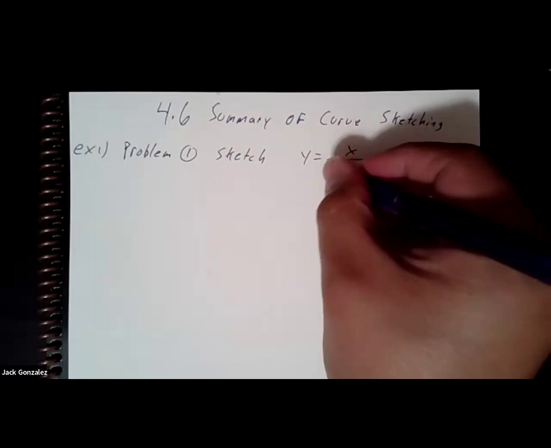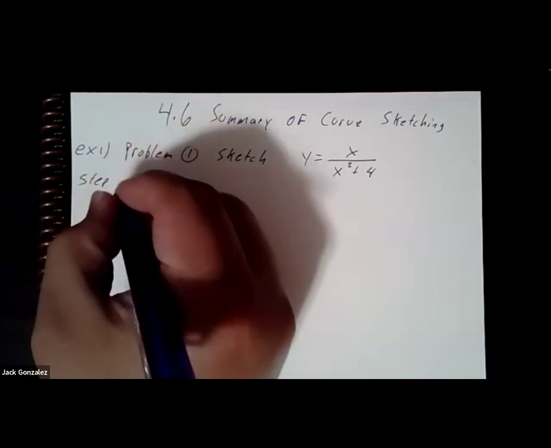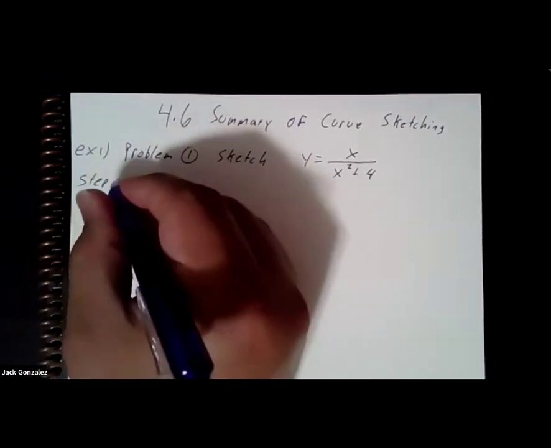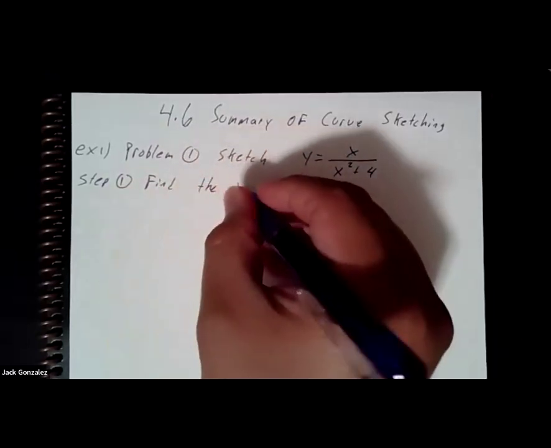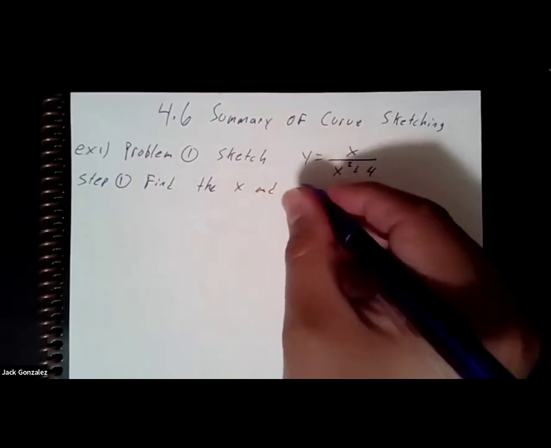Sketch y equal to x over x squared plus 4. So what I recommend is to start off with the intercepts. So step 1, find the x and y intercepts.